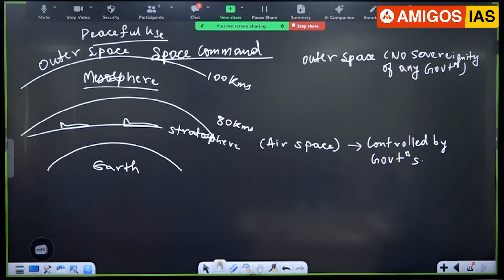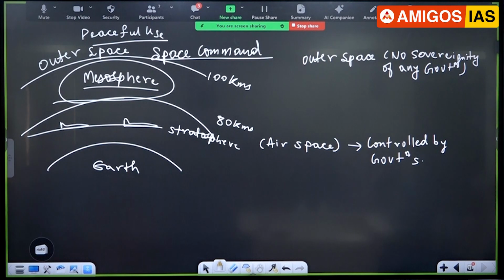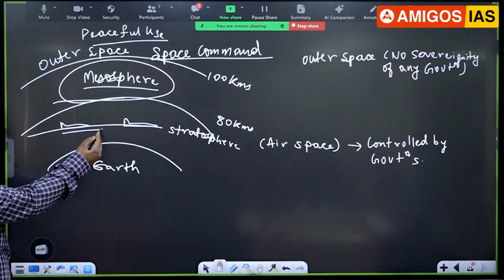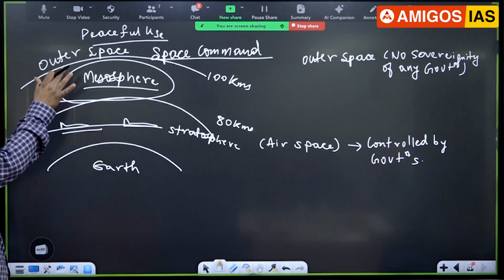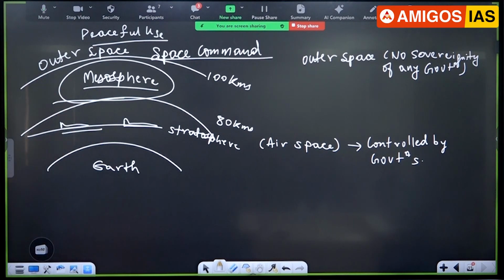So what China smartly did is build a command in between, where there is no international law. Are you getting there? Where does international law come in, either airspace has law, or there is international law in outer space. This area is open. Are you able to understand this?